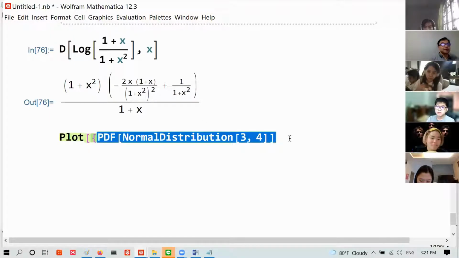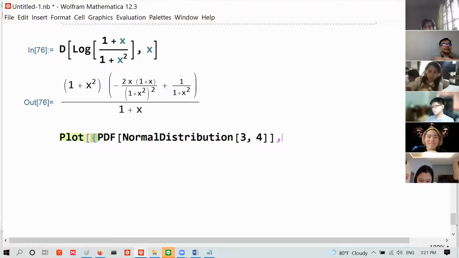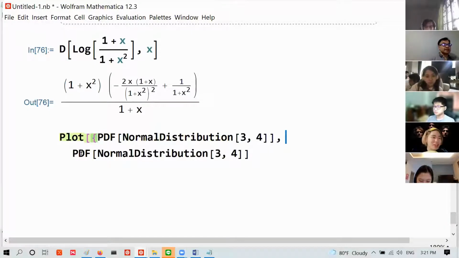And I'm going to plot underneath it the CDF, x between 0 and 7.